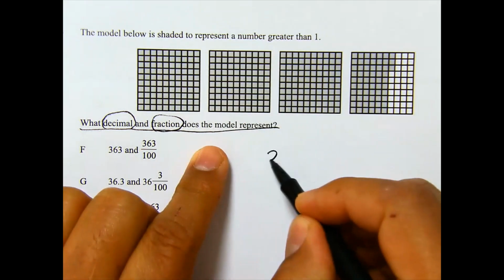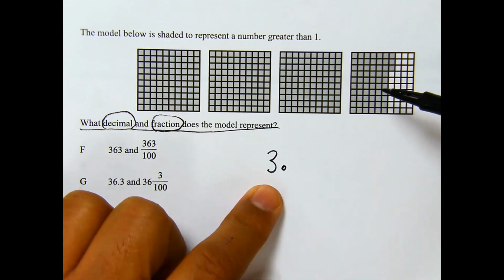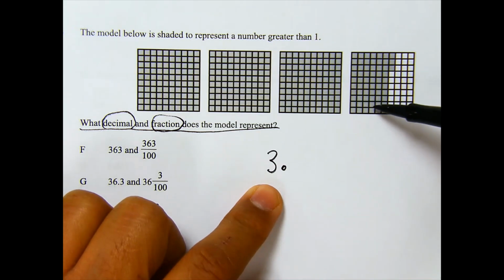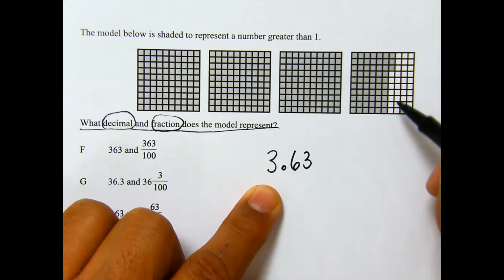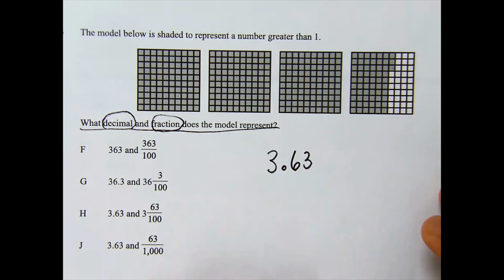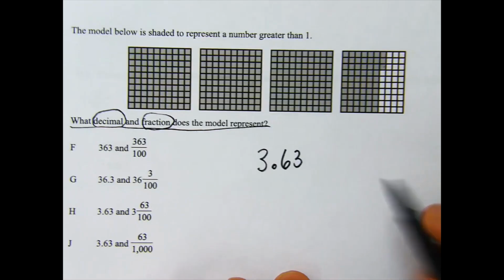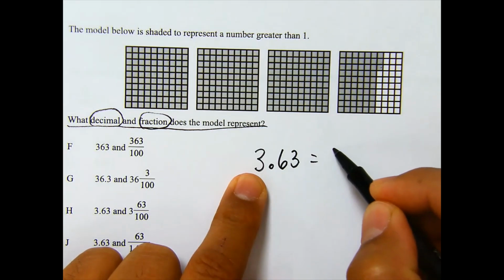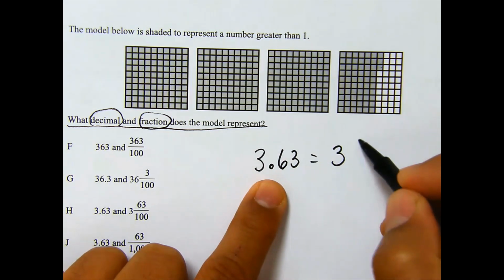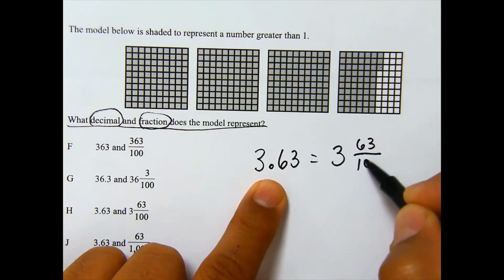So I have 3, and now here we have 10, 20, 30, 40, 50, 60, 61, 62, 63. 3 and 63 out of 100, 63 hundredths. That would be my decimal. Now, to make that into a fraction, I have 3 wholes and 63 out of 100.